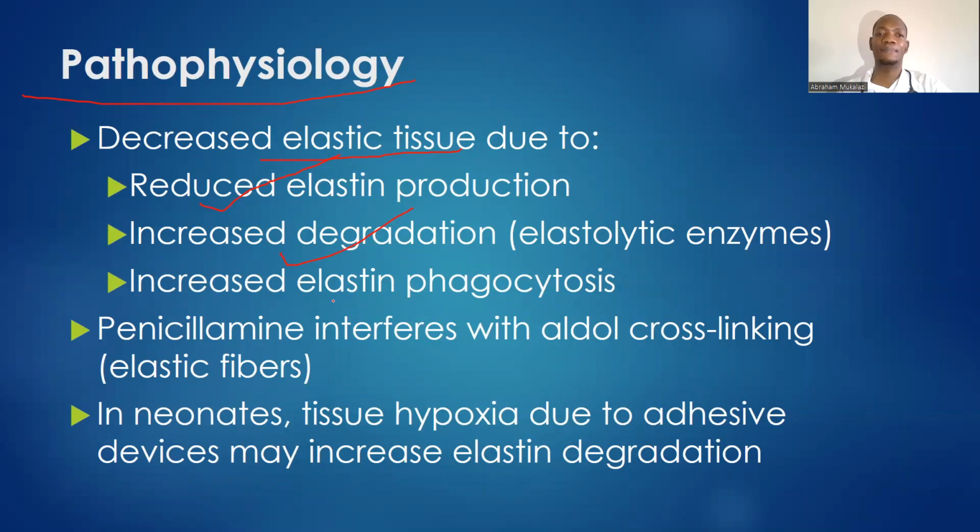It has been postulated that elastolytic enzymes that break down elastin are overexpressed, so you end up with loss of elastic tissue. However, in the case of penicillamine, we saw that it interferes with the aldol cross-linking, which is a key step in the synthesis of elastic fibers. Because of this, you end up not being able to form elastic fibers, so you end up with anetoderma.